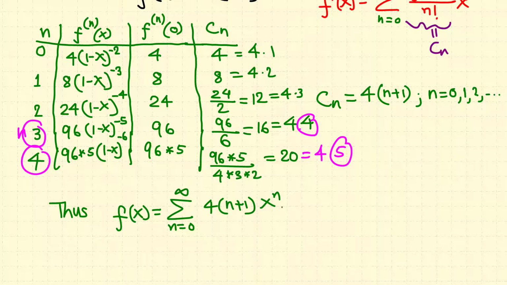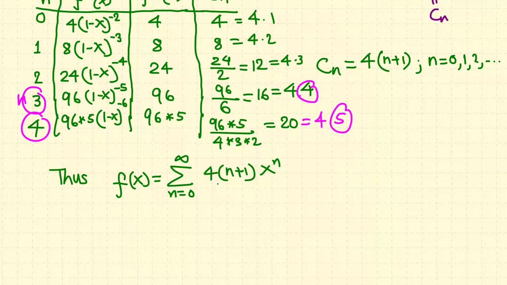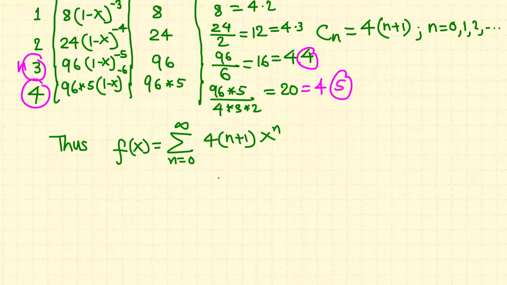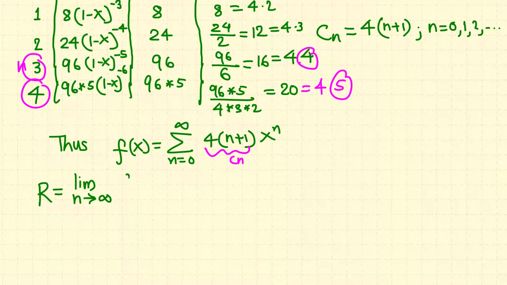Now we can find the radius of convergence, because whenever we deal with power series, it makes sense inside certain intervals. So for the radius of convergence, using an application of the ratio test, in this case we have cn. There is no negative 1 to the n, all positive, so we don't even have to write the absolute value. So cn over cn plus 1.